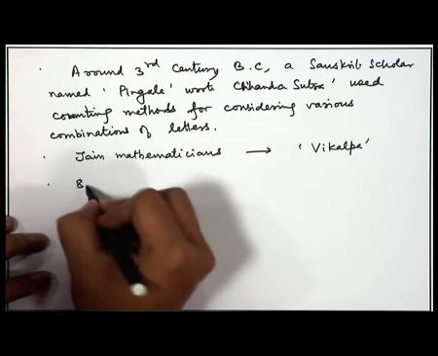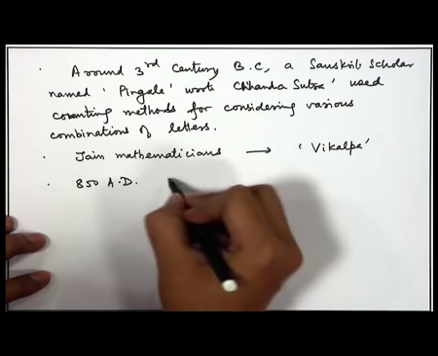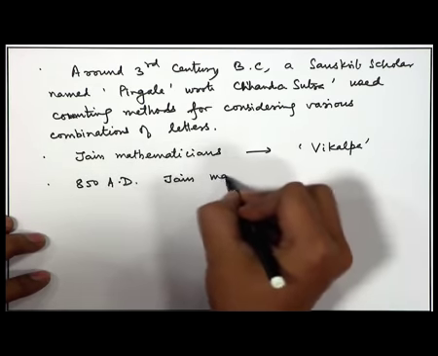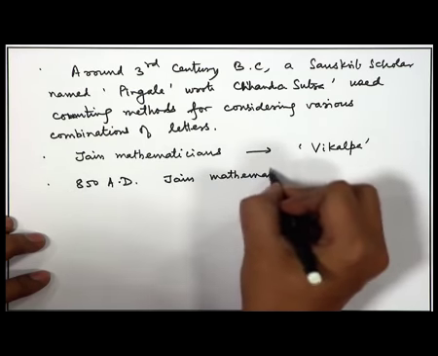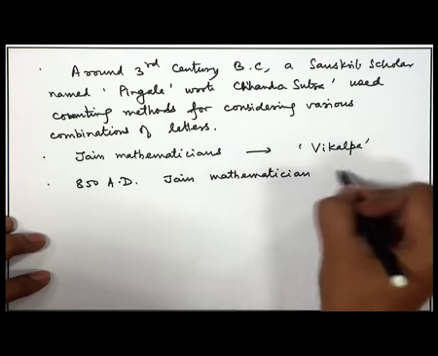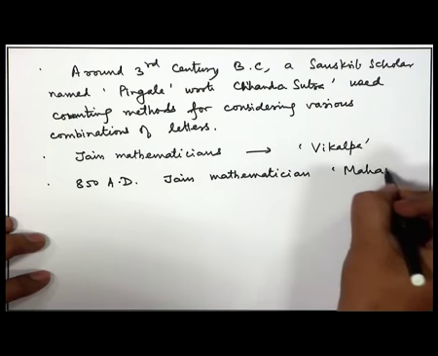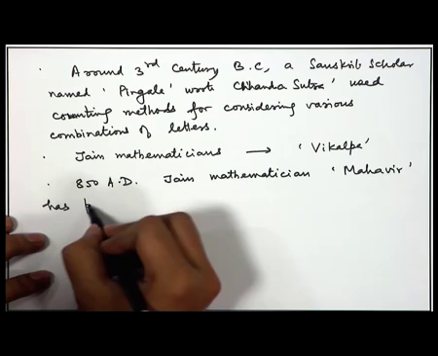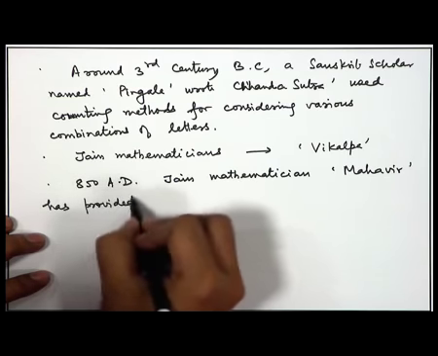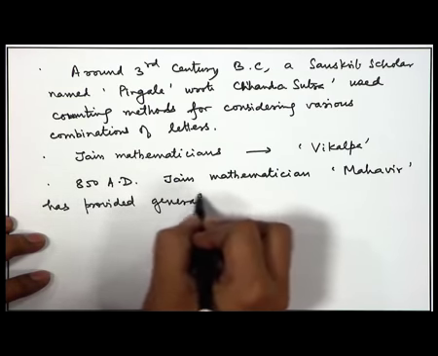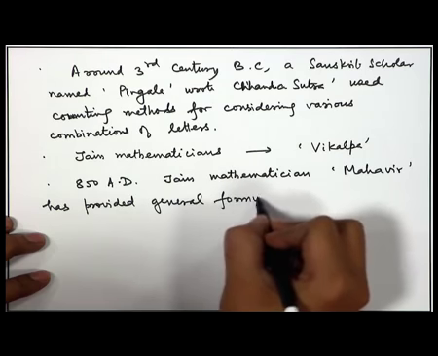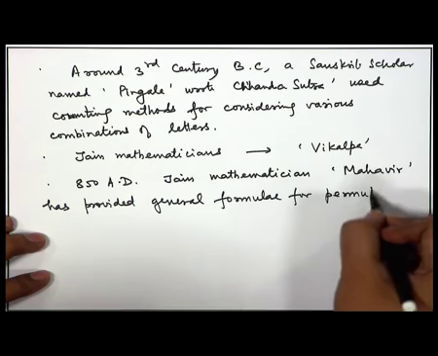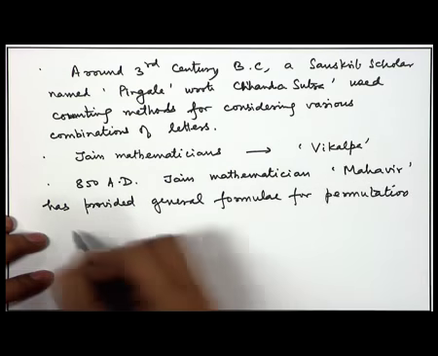Around 850 AD, Jain mathematician Mahavir has provided general formulae for permutation and combination.